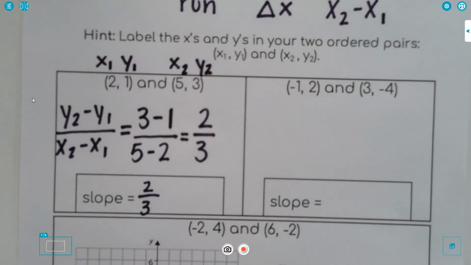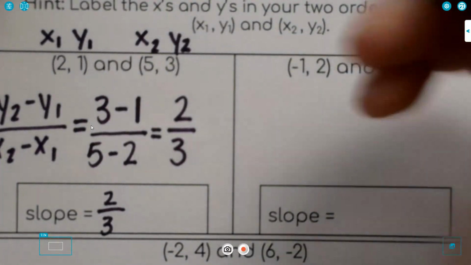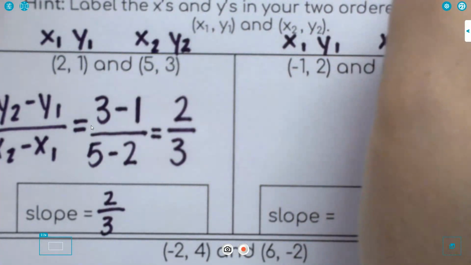Next one, go ahead and label. So we've got x1 and y1. We've got x2 and y2.